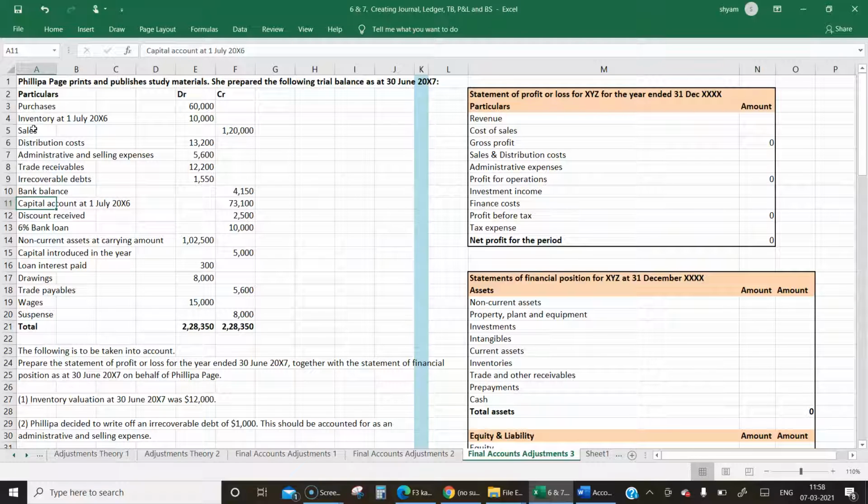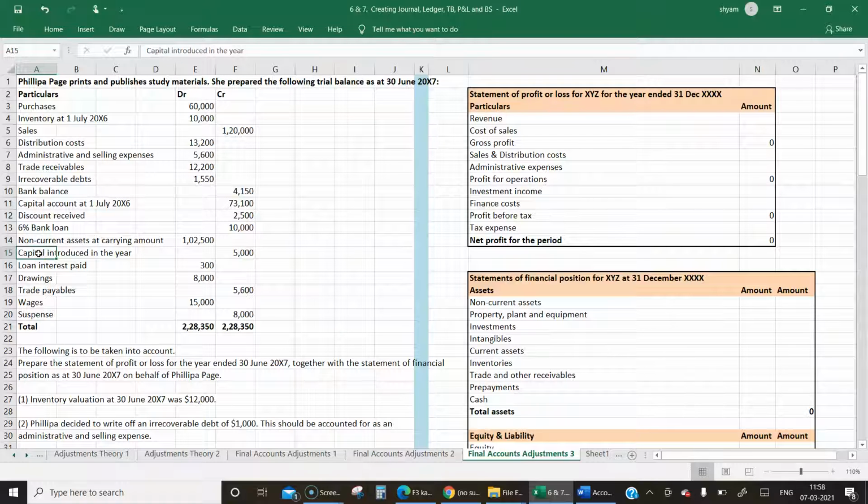So capital account, I think it's equity capital account. At 1st July 2006, they have mentioned, I think that's the opening number. Then they have a discount received, bank loan, non-current asset at carrying value, that is book value, capital introduced in the year. So we have to add this number and this number together.